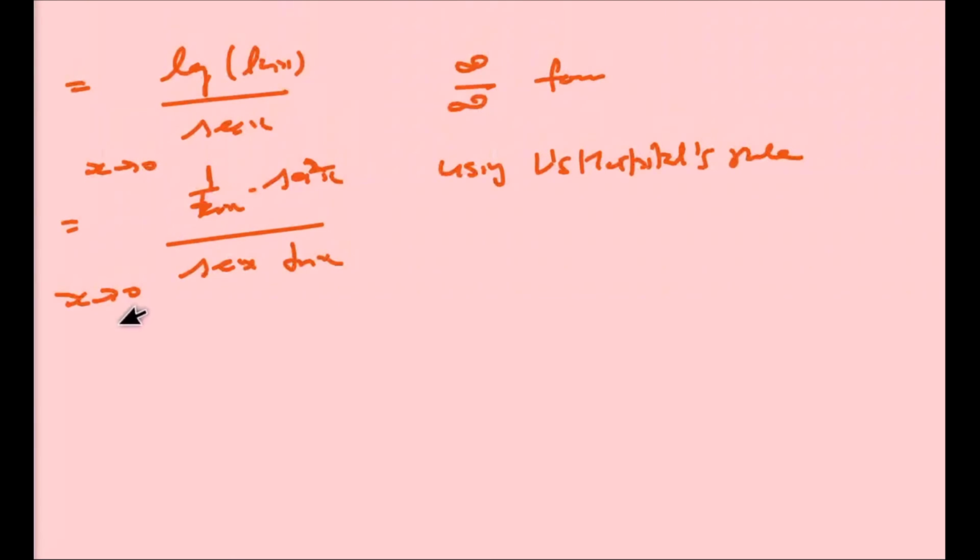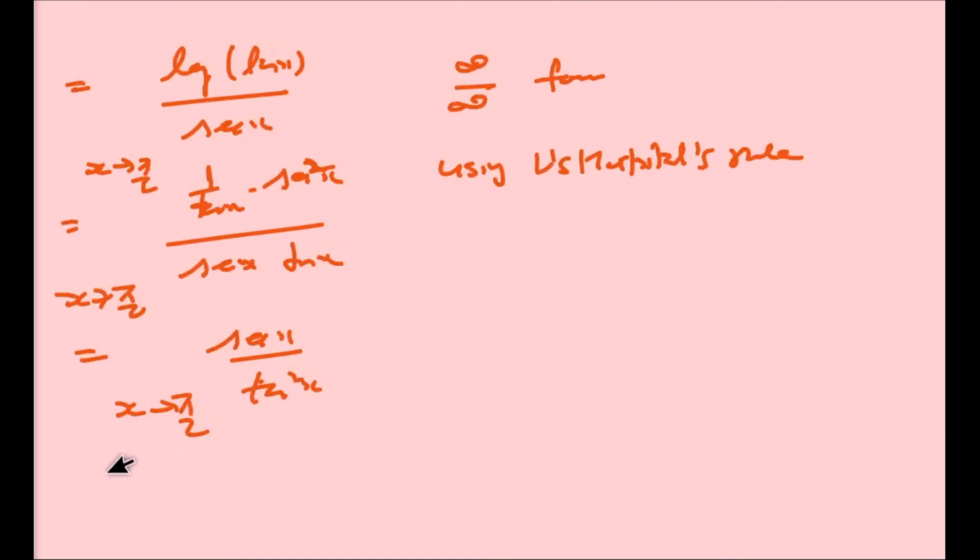On simplifying we get sec x upon tan square x, x tends towards pi by 2. Now putting the value here, tan pi by 2 is infinite and sec pi by 2 is also infinite.